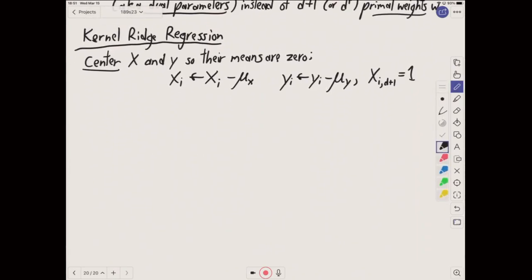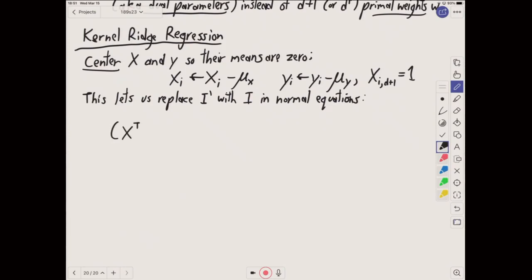All right, so the reason why we're centering is because it minimizes any bad impact that might happen when we replace I prime with I in the normal equations. And let me remind you what the normal equations are for ridge regression. They are, you'll recall, X transpose X plus lambda I times w equals X transpose y.